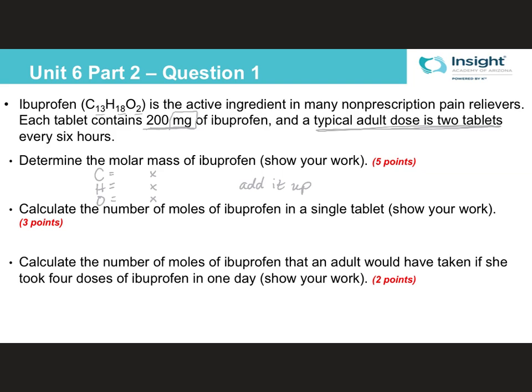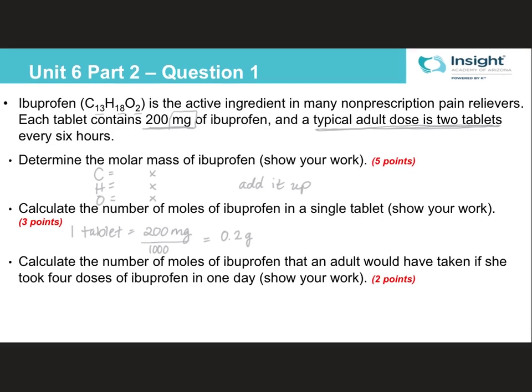And this is where you got to do a little bit of work. So 1 tablet equals 200 milligrams. To be able to do your mole conversions, that needs to be in grams. So you got to divide this by 1,000 to convert it to grams. So you have 0.2 grams of ibuprofen. And now you're doing a mass to moles conversion.